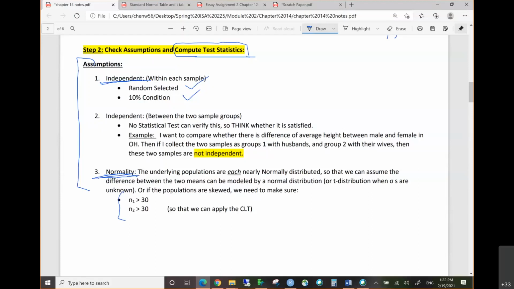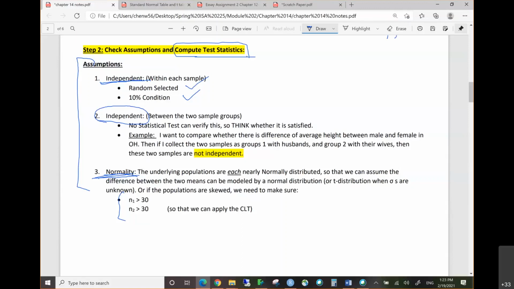But now we have two samples, so we have another independence assumption to be checked because we want to make sure the two samples don't have any relationship, right? So if one sample is obtained with husbands and another sample is collected with their wives, then they have some relationship, right?